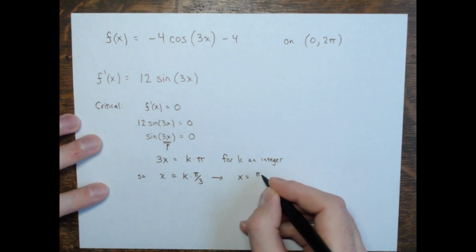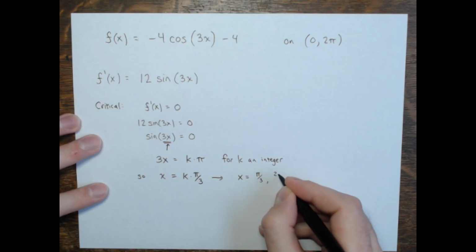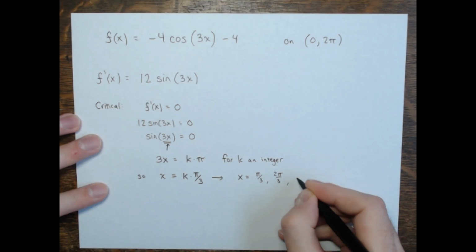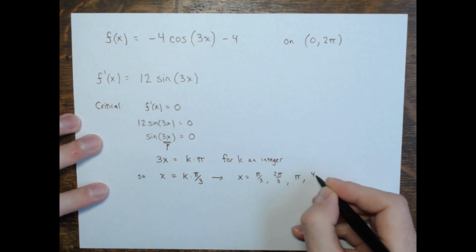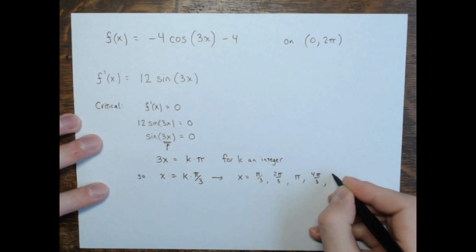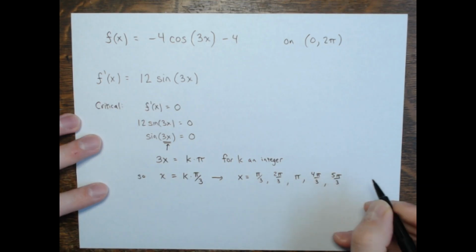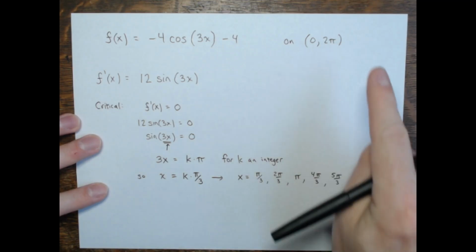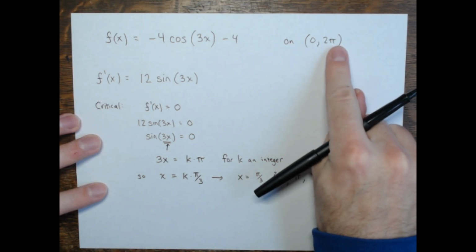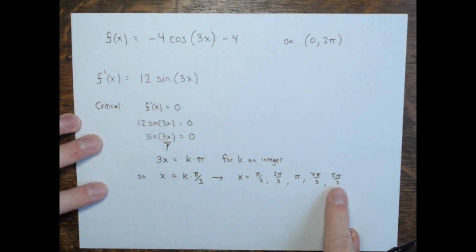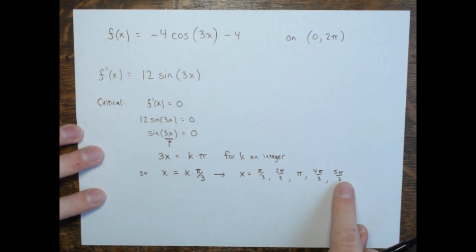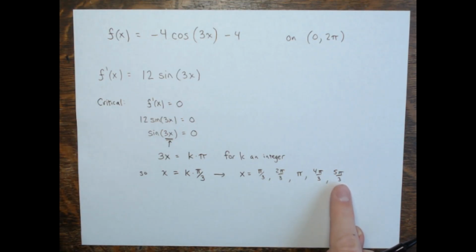And then you've got 1 pi over 3, 2 pi over 3, 3 pi over 3, 4 pi over 3, 5 pi over 3, and then 6 pi over 3 is 2 pi. So that's not included in the interval they gave us. So here we go. These 5 values. These are where the derivative is 0. These are where I could possibly have the top of a hill, local maximum, or bottom of a valley, local minimum.